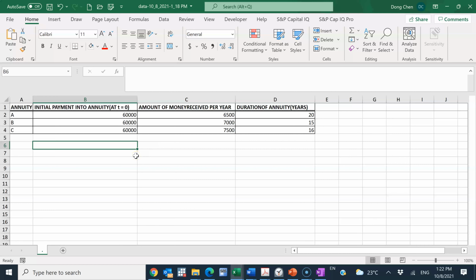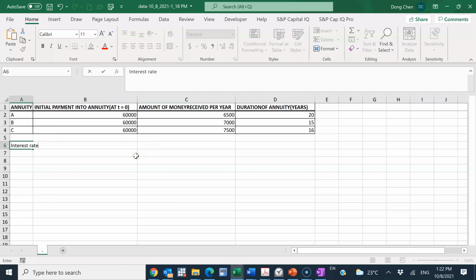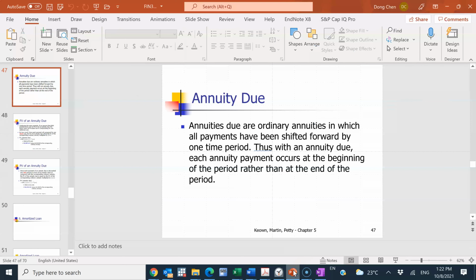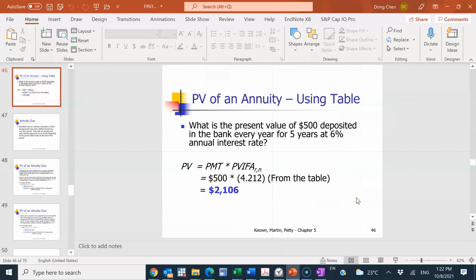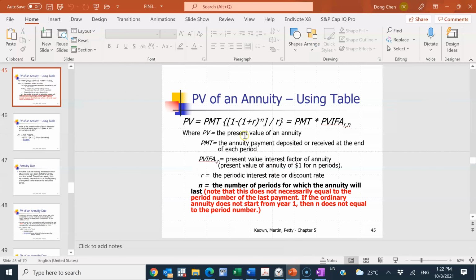So basically, we need to calculate the interest rate. When we check the formula for the annuities, basically we need this R, right?